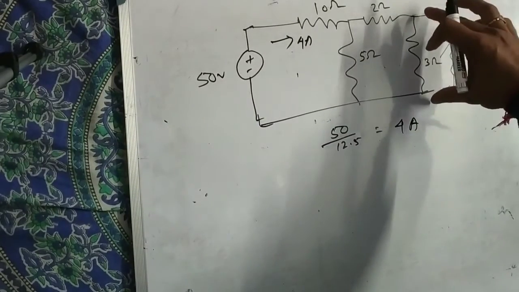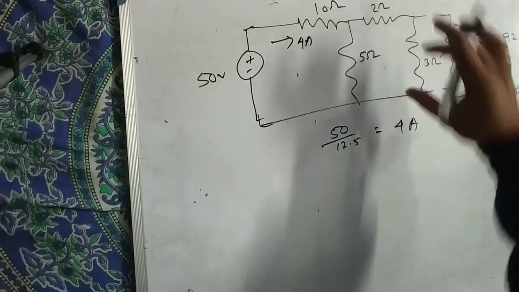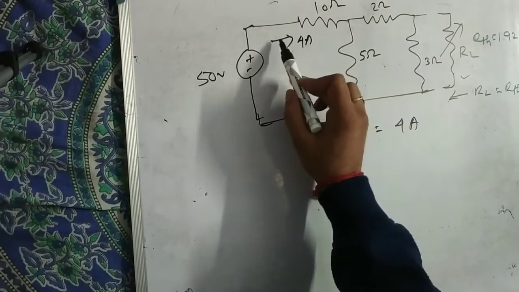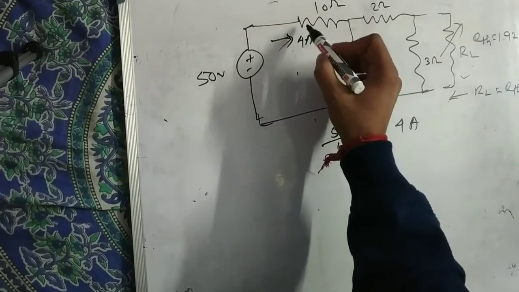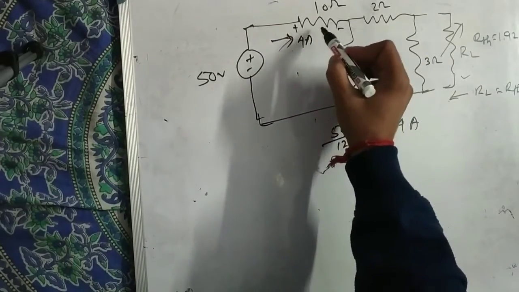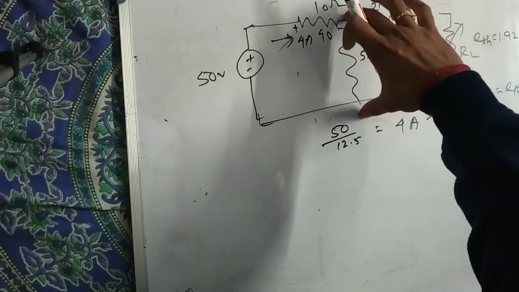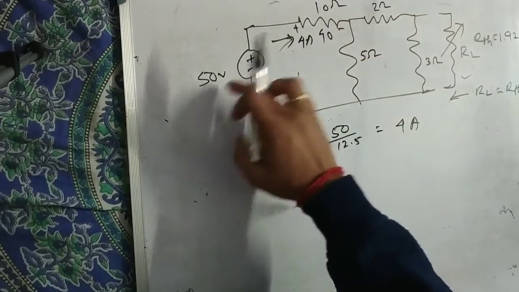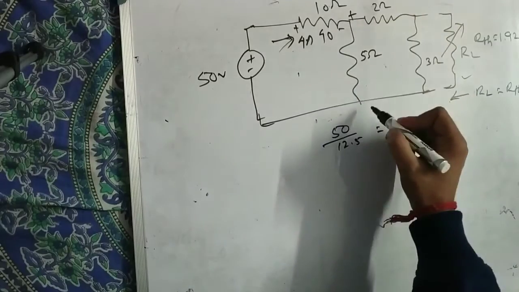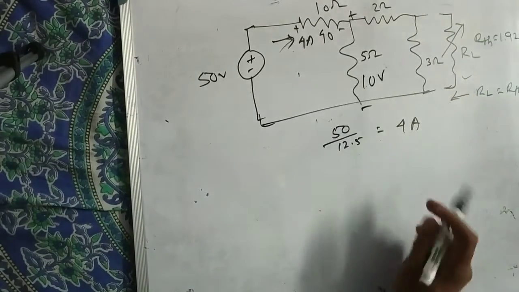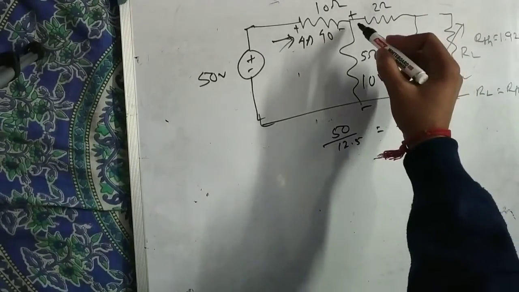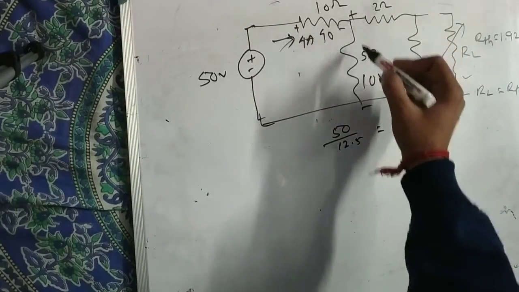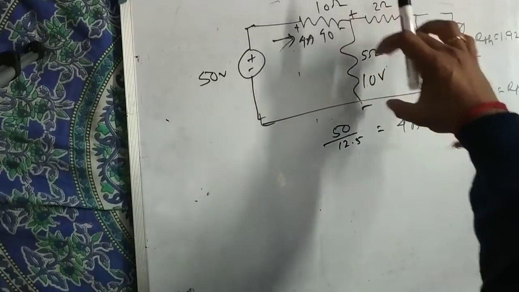Now we have to find the voltage drop across 3 ohm. The voltage drop across 10 ohm will be 40 volt. So the voltage across this will be 50 minus 40, so this will be 10 volt. The current coming is 4 ampere, and the voltage across 5 ohm is 10 volt.